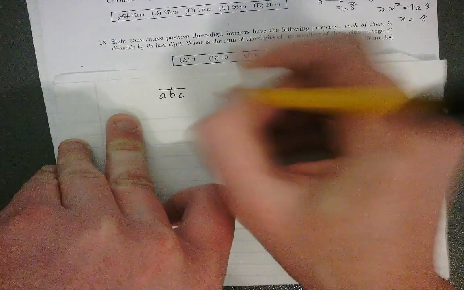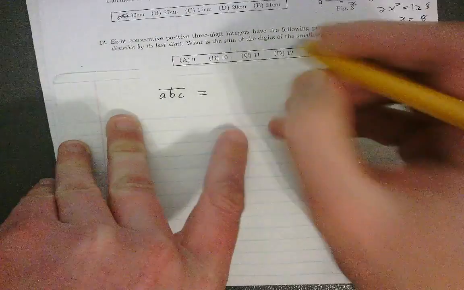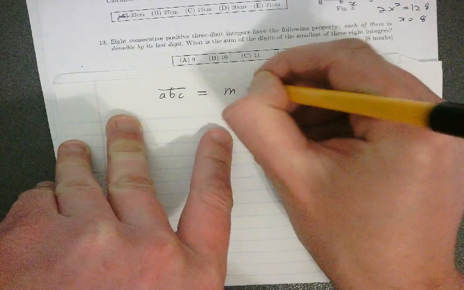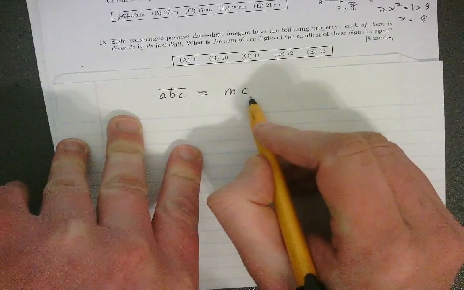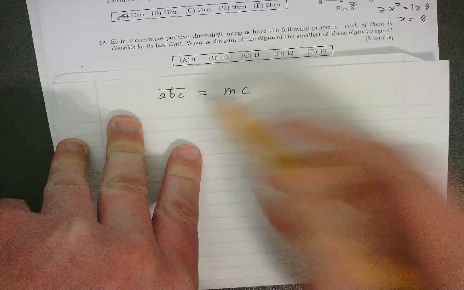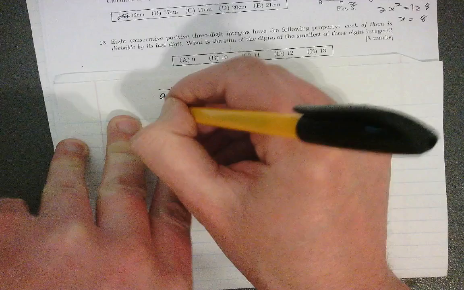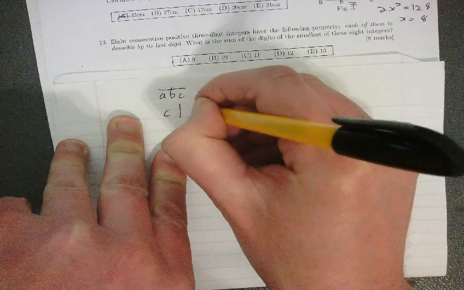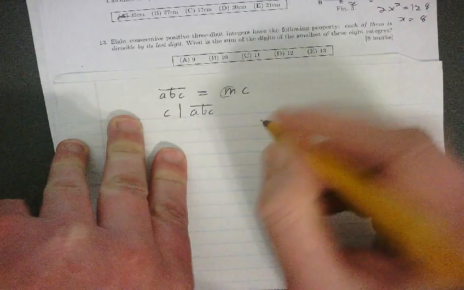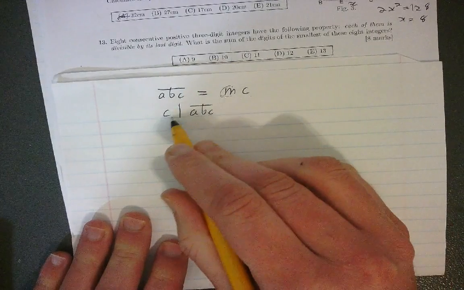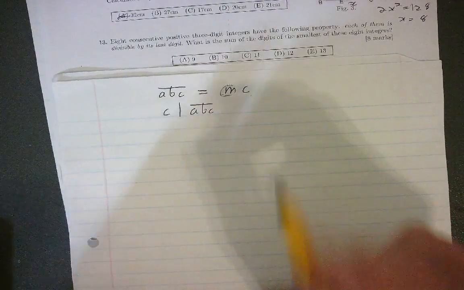This is a multiple of its last digit, so there's some number m such that this is just m times c. If we don't want to write that out, we can just say c divides into this. This is just a fancy way of saying that the whole number is some multiple of c.